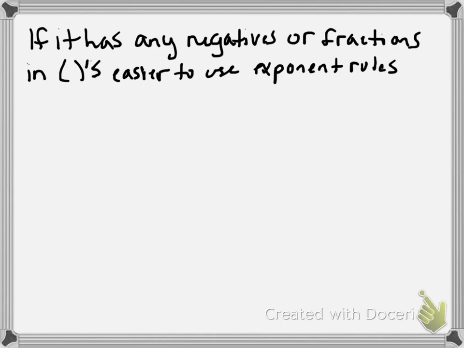So if you see any sort of negatives anywhere, or if you already have fractions inside the parentheses, it's going to be easier to use your exponent rules, like what you learned in Math 1.